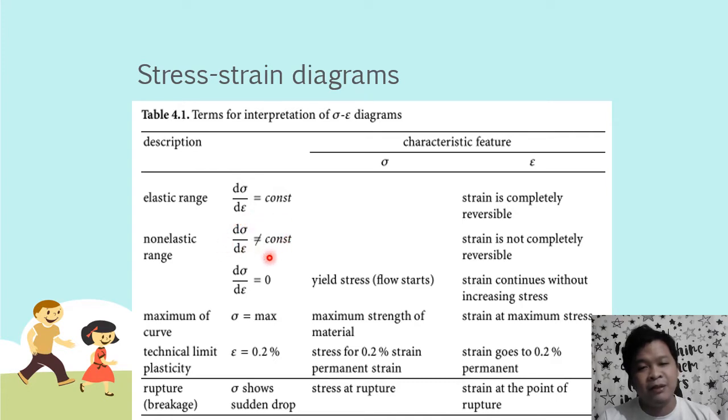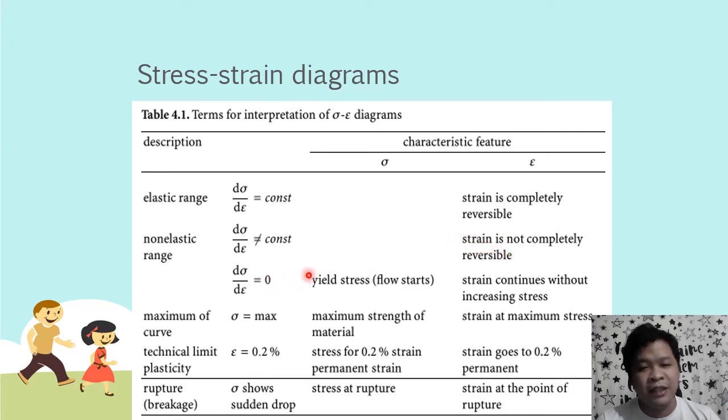On the non-elastic range, on the other hand, hindi na constant yung stress over strain mo. So as you can see, yung parts doon na hindi na mukhang linear yung quote-unquote slope, o hindi na siya line yung itsura niya. So that is the non-elastic range prior to the yield stress. So strain is not completely reversible at that point.